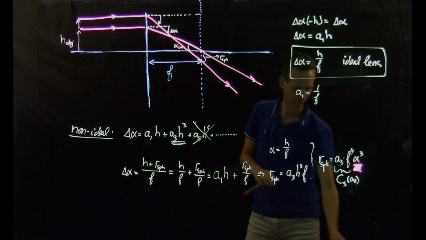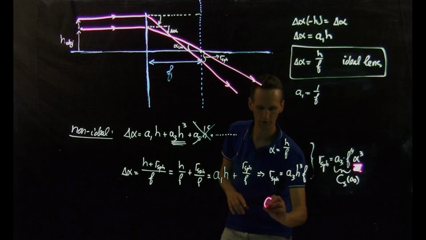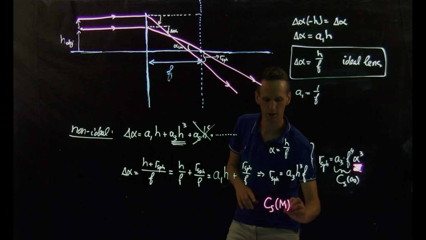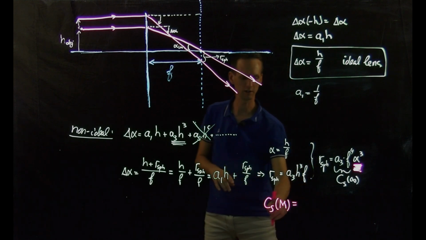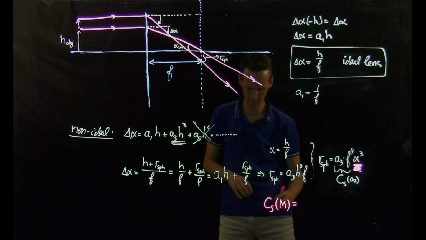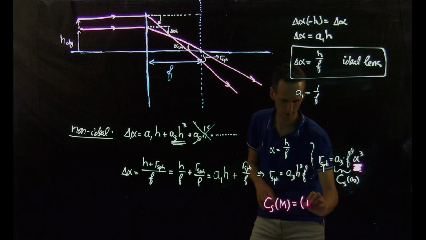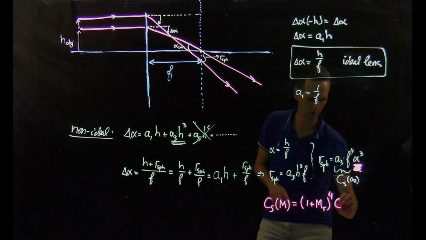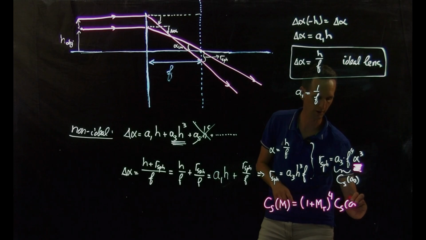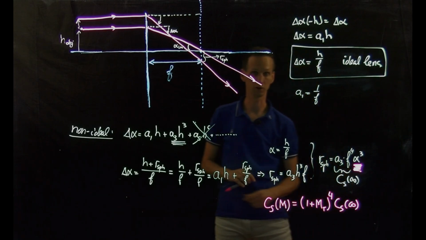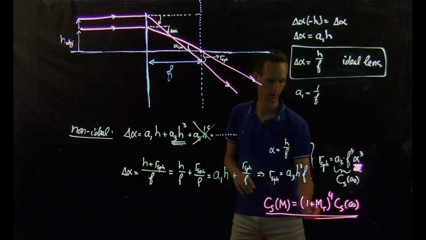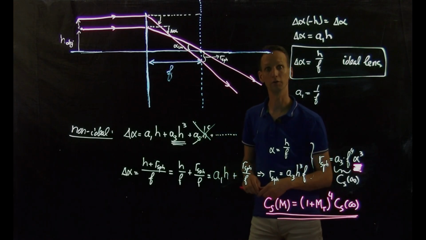So in this case, we will work with the spherical aberration coefficient for a specific magnification, and it can be derived that this is dependent on the infinity system as 1 plus the transverse magnification of the system to the power 4 times the infinity spherical aberration coefficient. And we will look in a bit more detail at this equation in the assignment that you will have to do after the first 2 lectures.